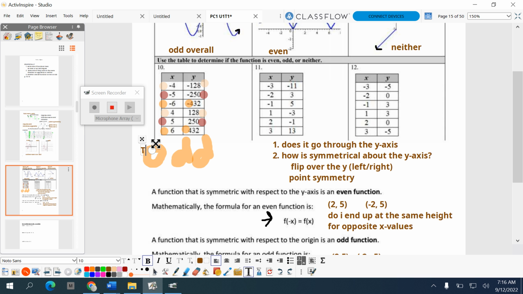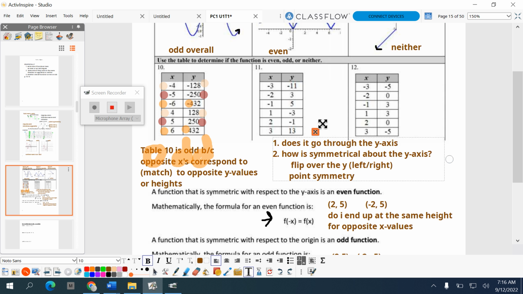Table 10 is odd because, and we can use shorthand here, opposite x's correspond to, and we want to use this language, make a little parentheses, we'll put match so we know what that word means, match to opposite y values or heights. Okay, I'm going to move this up here because we don't need it anymore.